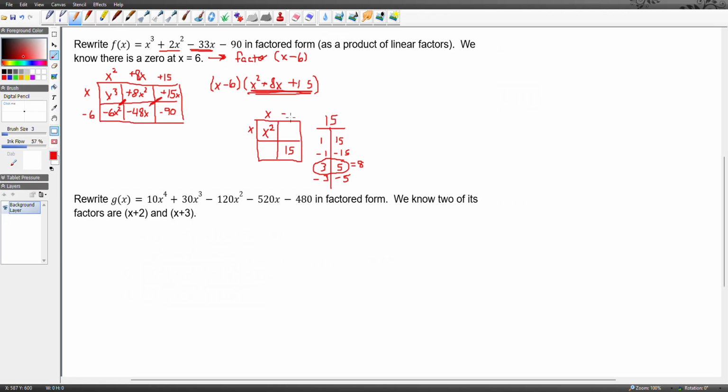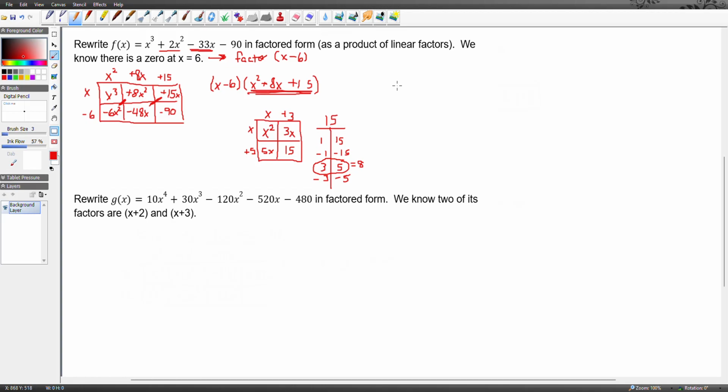So we put plus 3 on one side, and we put plus 5 on the other side. That gives me 3x and 5x. And if I check that out, we've got x squared. These two make 8x, and 15 at the end. That is the right factorization for that.